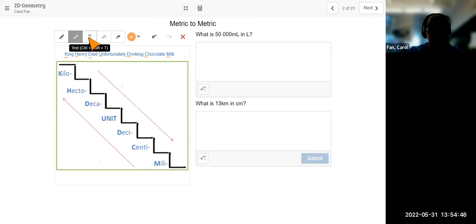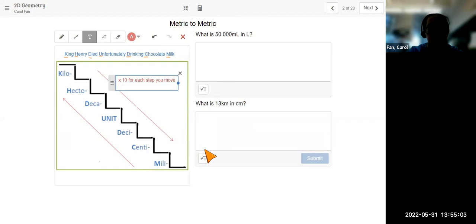Or you could say we are moving our decimal spot to the right that many units. So this is for getting smaller.